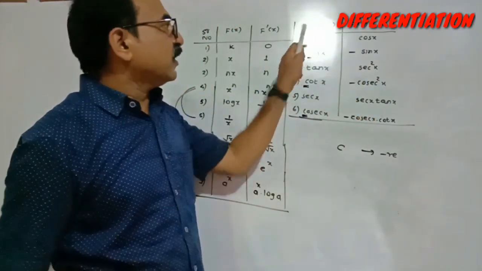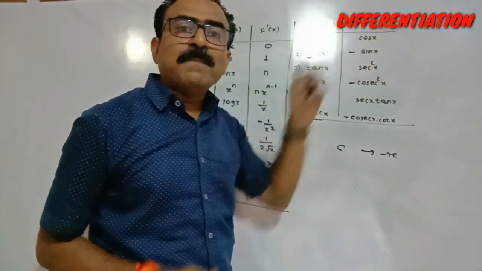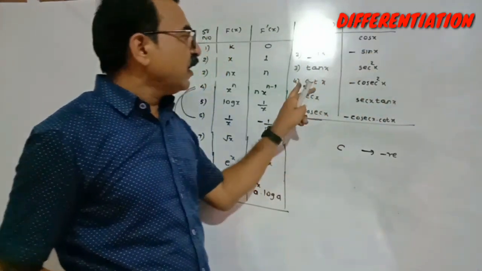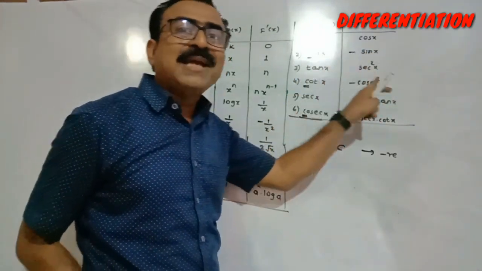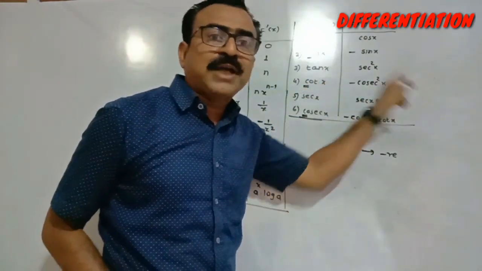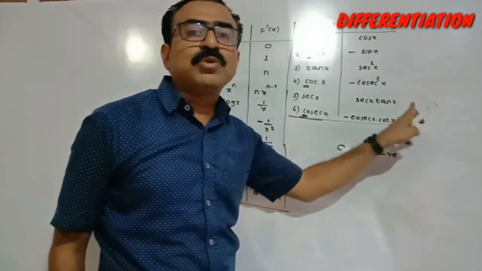Understood? Means the derivative of sin x is cos x, derivative of cos x is minus sin x, derivative of tan x is sec square x, derivative of cot x is minus cosec square x, derivative of sec x is sec x into tan x, while the derivative of cosec x is minus cosec x into cot x.